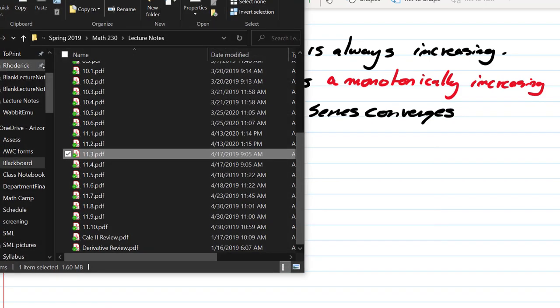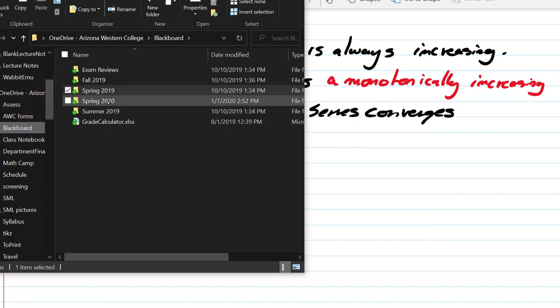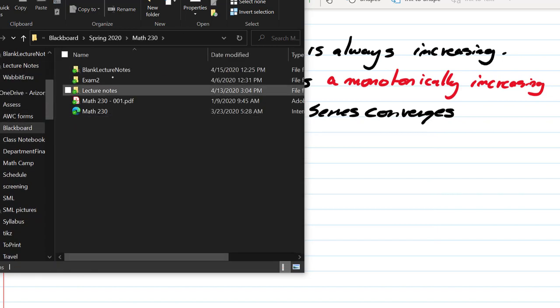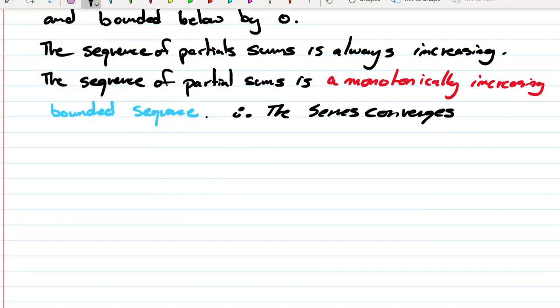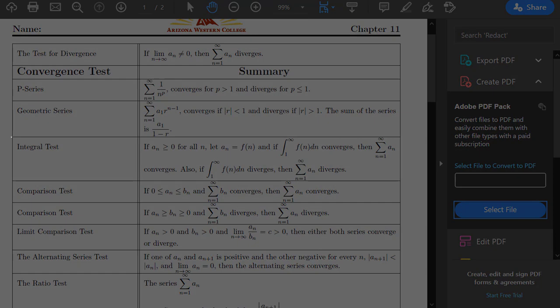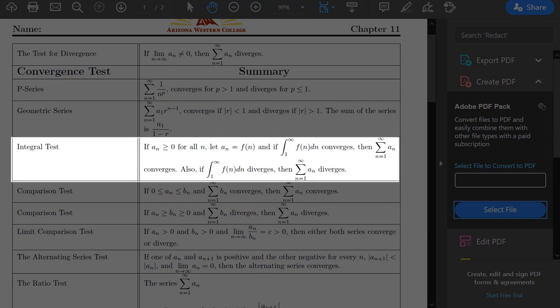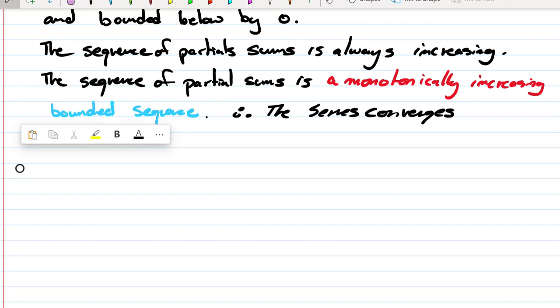So in our handout section from Blackboard, if we go into our lecture notes, we have a summary of a whole bunch of stuff from series and sequences. We just went over the integral test. So this list in here has everything, including the hypotheses for our integral test and when we can use it.